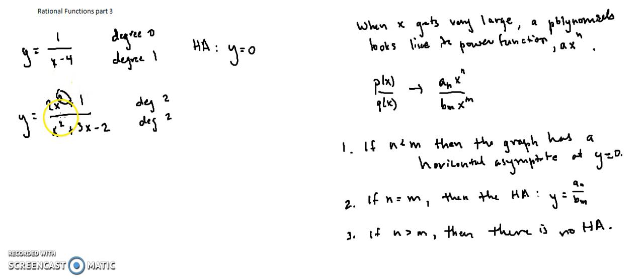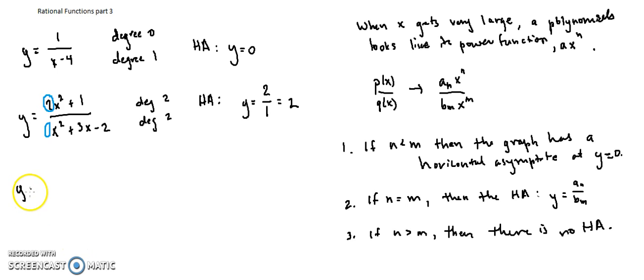Those are the highest exponents that we have. All right, what happens if the degrees match? That's case number 2 right here. If the degrees match, then we are looking at the leading coefficients, so this number over this number. So our horizontal asymptote is going to be 2 over 1, or just 2.